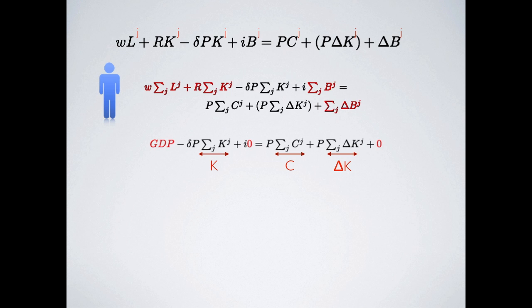Then we end up with the equality saying that GDP minus the depreciation part, the capital replacement investment, should be equal to the consumption of the economy plus the net investment of the economy. If we further divide both sides by the price level P, we end up with the equality saying that real GDP minus depreciation of K will be equal to consumption plus net investment, delta K.